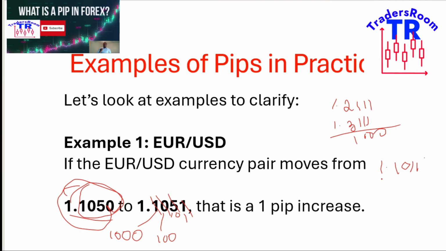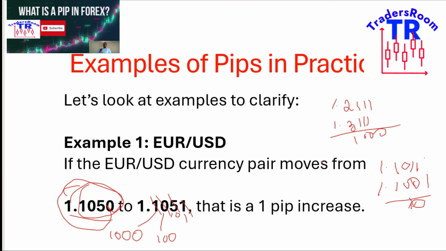This is a number, and these numbers move to 1.1001. What happens here? The pips decrease. Decrease by how many? It means that it decreases by 10 pips. So this is the example we can see with pips.